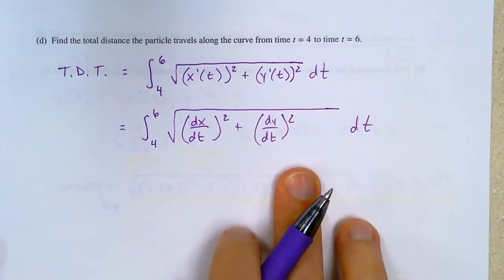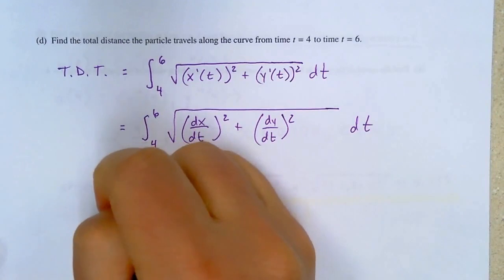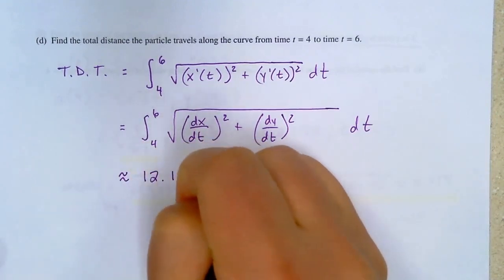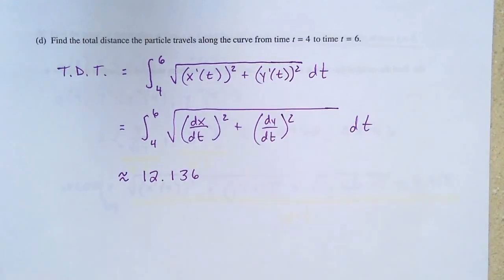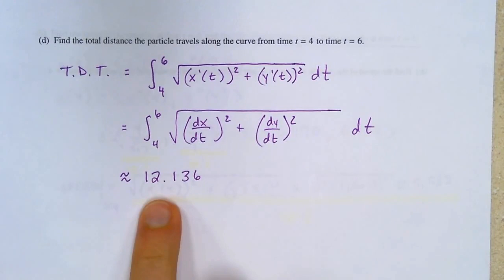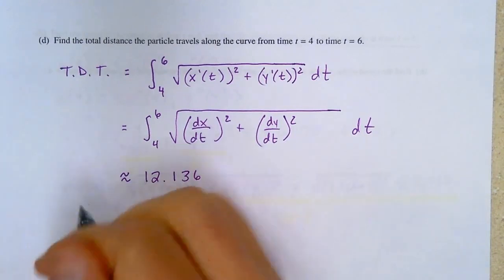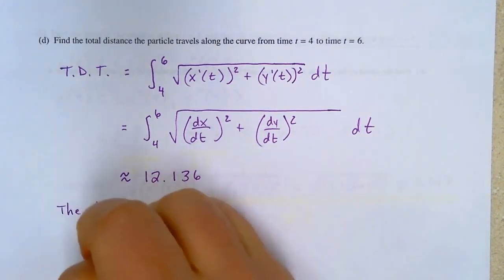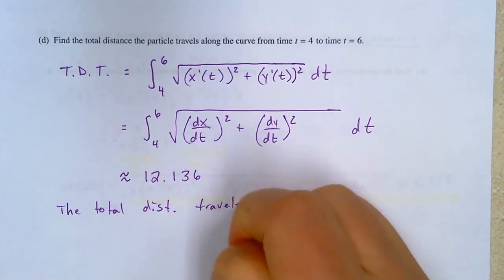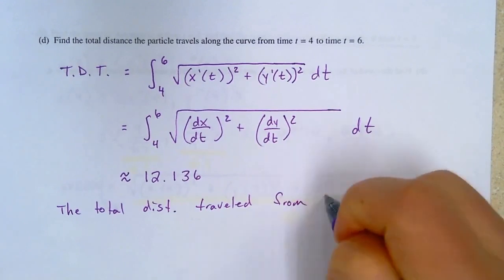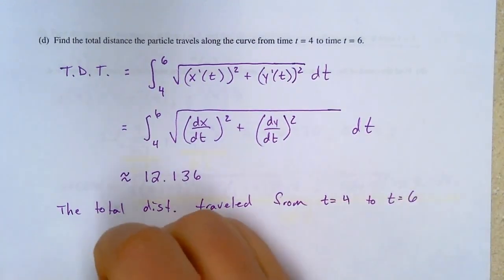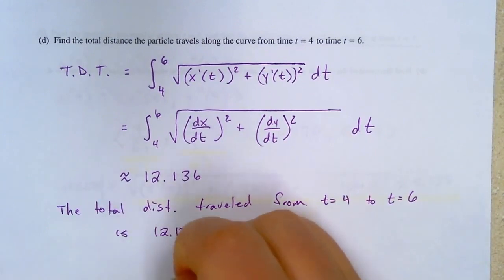Again, computing this by hand would be tedious, if not impossible, but it is a calculator active question. So we can type it into a calculator. Being mindful to type it in correctly, we get the total distance traveled from t equals 4 to t equals 6 is 12.136.